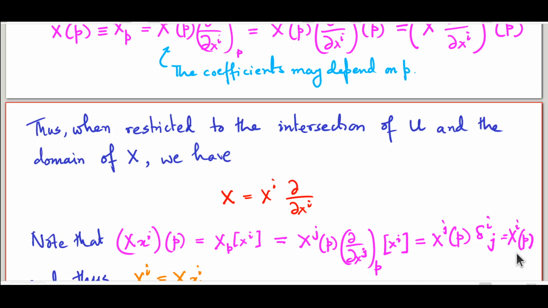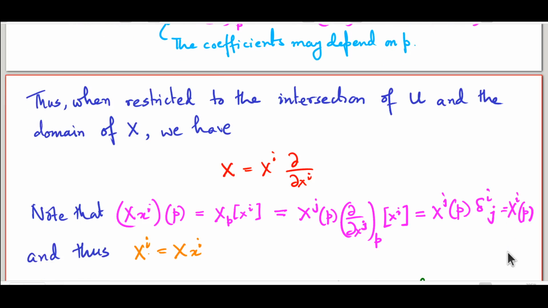And therefore, this quantity is nothing but Xi at P. So, capital X acting on xi, the coordinate function, gives us capital Xi. This is basically an easy, quick way of finding out the ith component, so to speak, of the vector field.